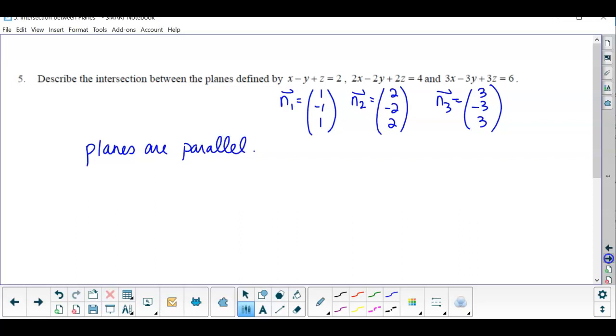Okay, so then you have to think about, are they parallel and coincident, two parallel and coincident, one not, or all three different? You actually take a look back here. We multiply this by 2, we get this. So those are exactly the same plane.